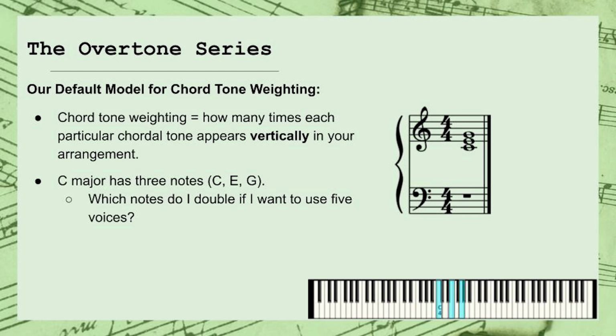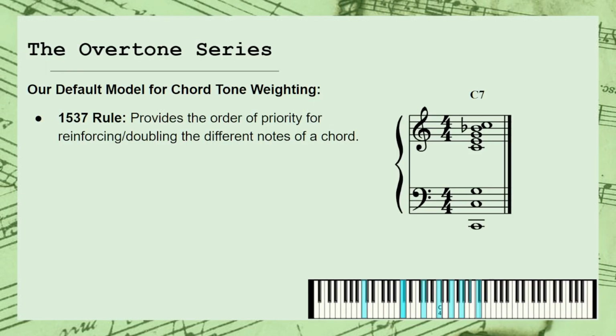Well, our default model is something called the 1-5-3-7 rule. The 1-5-3-7 rule is the second guiding principle we can take from the overtone series. Simply put, it provides us with an order of priority for reinforcing or doubling different notes of a chord. It ranks the 1st, 3rd, 5th, and 7th in terms of importance based on how frequently they appear in the overtone series.